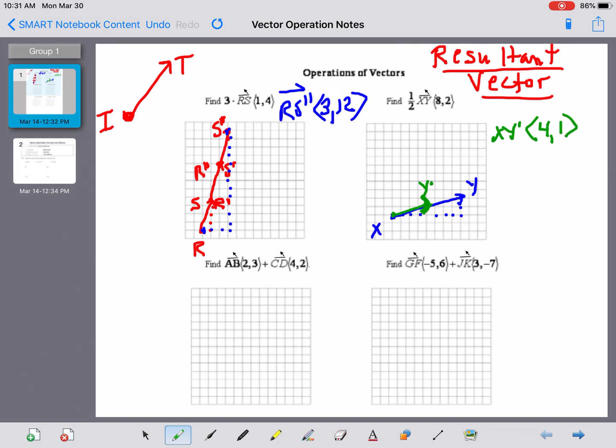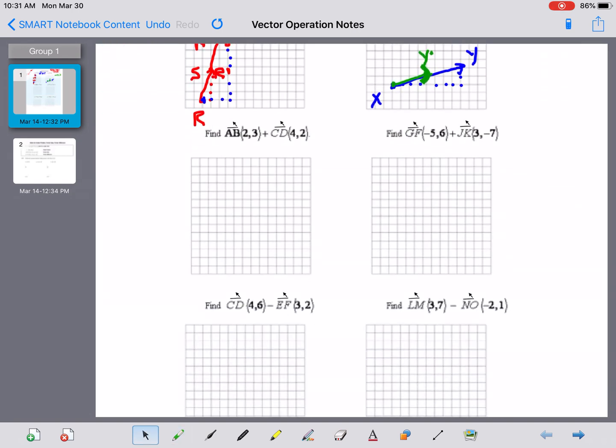All right, so let's go through now and let's start adding some vectors. Move my page up a little bit so I get more room. My first vector here is AB, and that's ⟨2, 3⟩. So once again, I find a spot on my grid to start with. Here's A. I'm going to go to the right 2 and up 3 for my B. Always putting an arrow on that terminal point so I know where I ended.